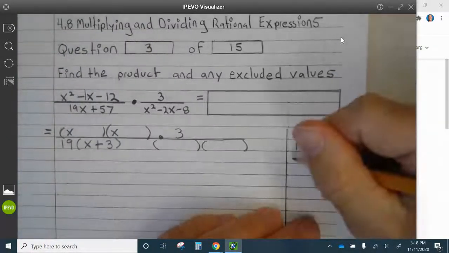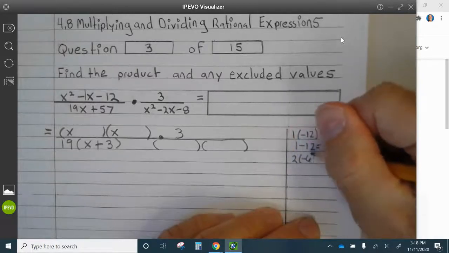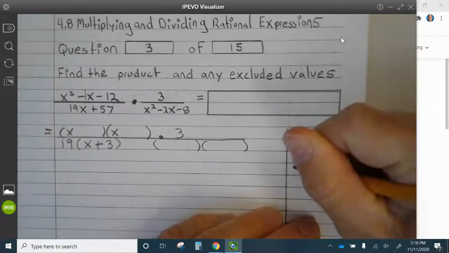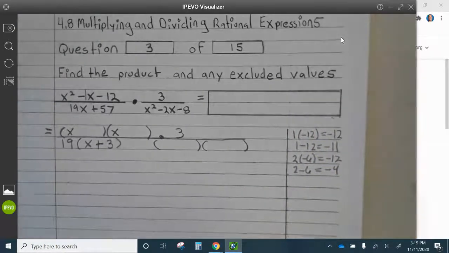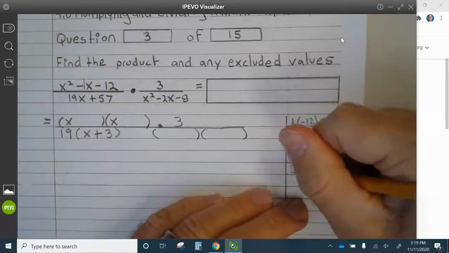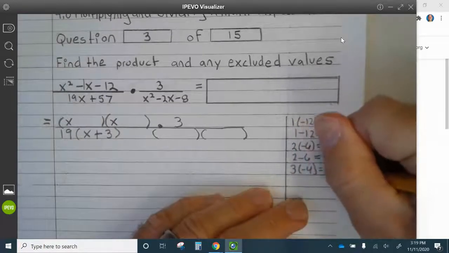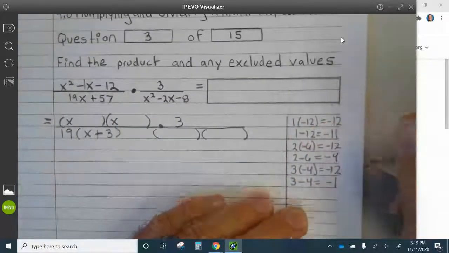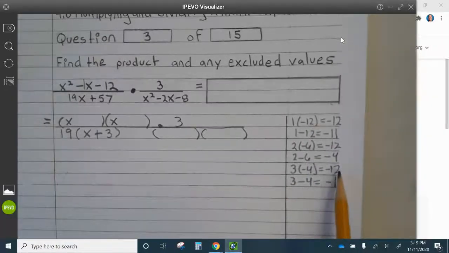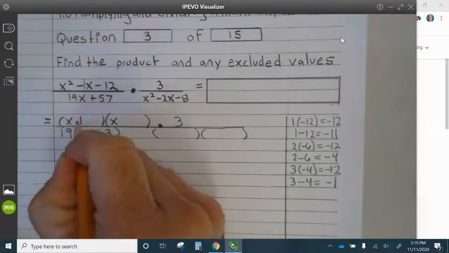That doesn't work. 2 times negative 6 is negative 12. 2 minus 6 is negative 4. We're getting close to negative 1. Now 3 times negative 4 is negative 12. 3 minus 4 is negative 1. So our factors are x plus 3, x minus 4.